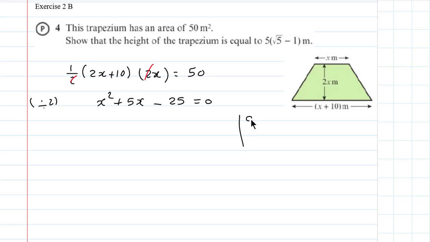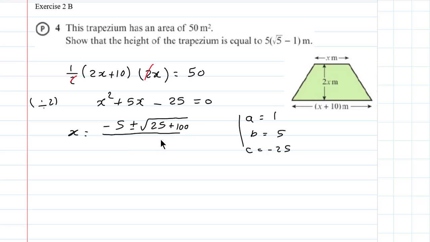So we will write here a equals 1, b equals 5, c equals negative 25, and then substitute in the general formula: x is equal to negative b, which is negative 5, plus or minus square root of b squared, which is 25, minus 4 times 1 times negative 25 will be plus 100, divided by 2a, which is 2, is negative 5 plus or minus 5 root 5 over 2.